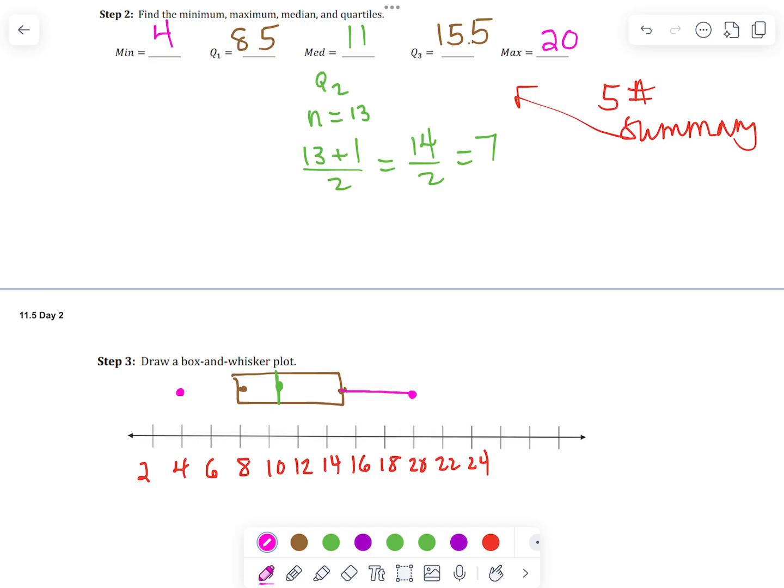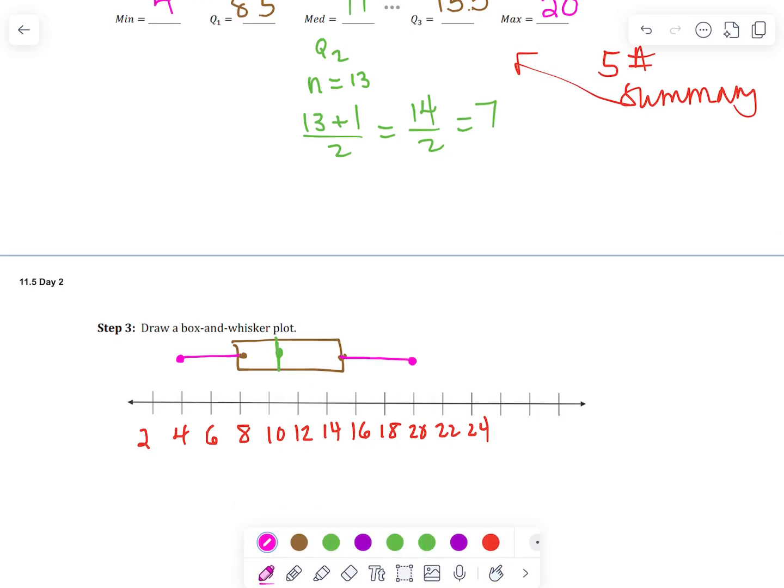And then our whiskers. And then last thing is to identify the IQR. So the IQR is going to be quartile 3 minus quartile 1, which is 15.5 minus 8.5, which is 7.